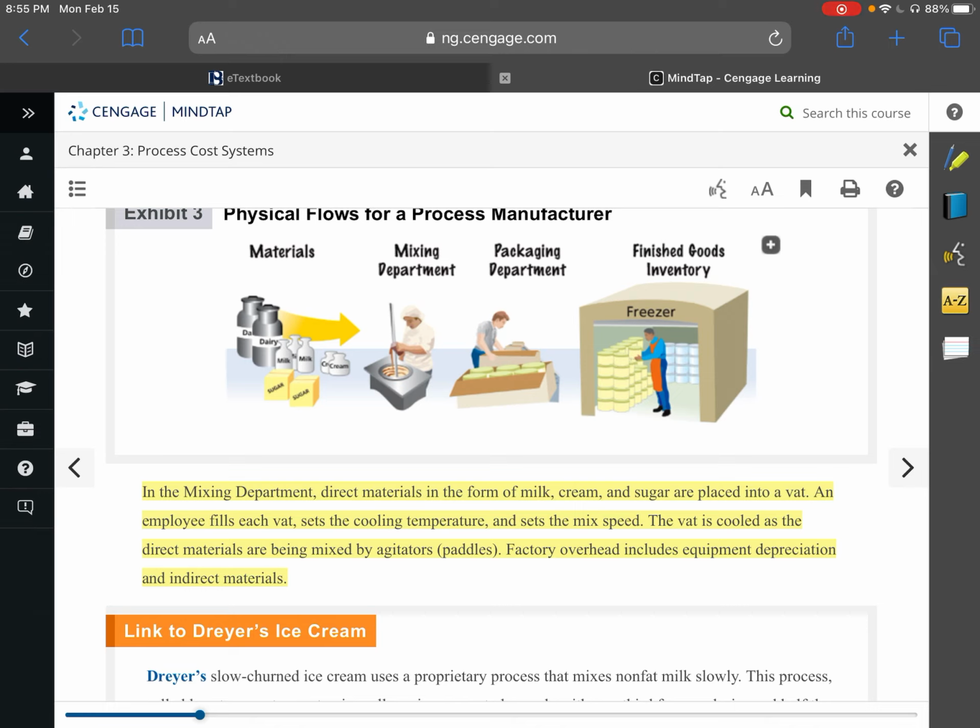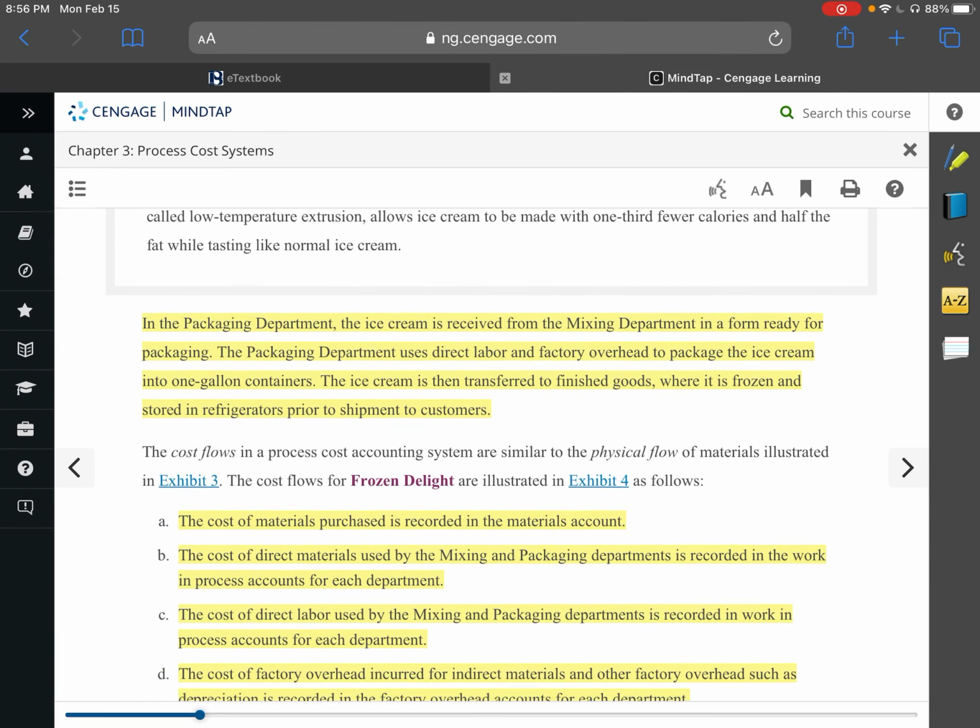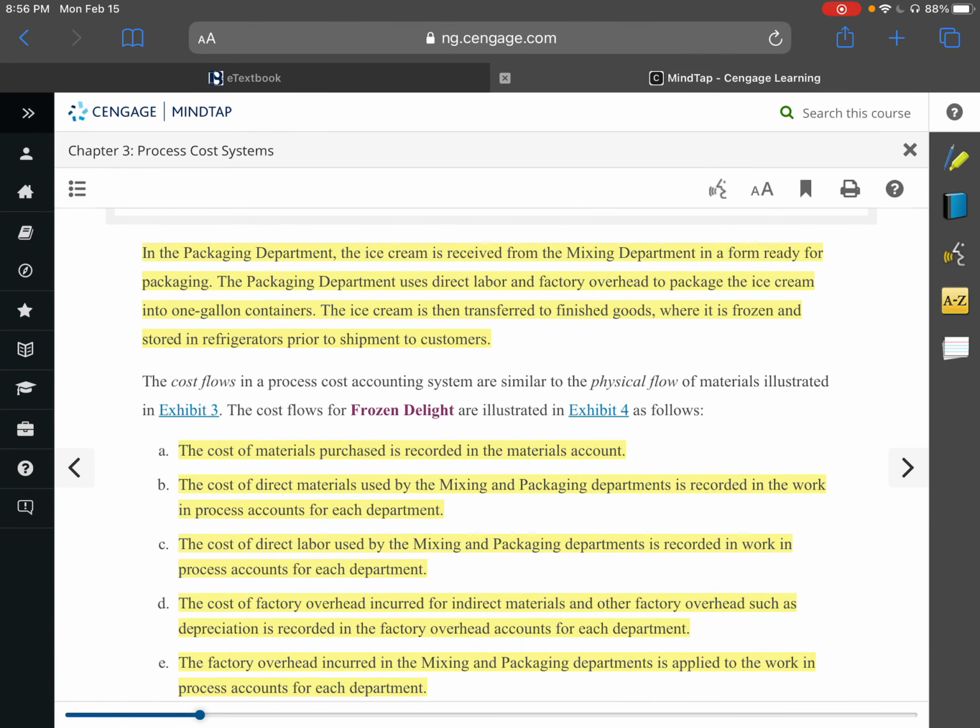So when you think about factory overhead, you're going to have equipment depreciation, electricity, and also indirect materials. So once that's finished, that whole group of direct materials, now mixed ice cream, is moved to the packaging department.